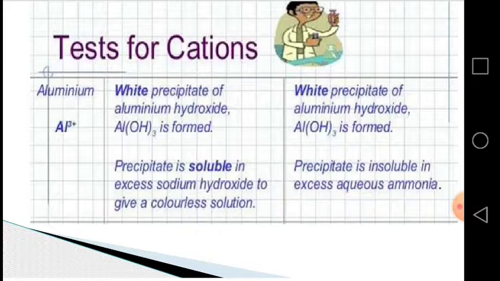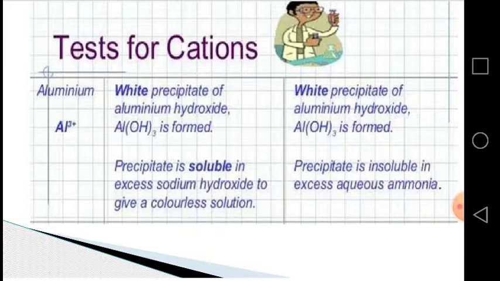When we add sodium hydroxide to the solution, if white precipitates are formed and these precipitates are insoluble in excess of sodium hydroxide, this is an indication of the presence of calcium ion. And if these white precipitates dissolve in excess sodium hydroxide, then either zinc or aluminum may be present.